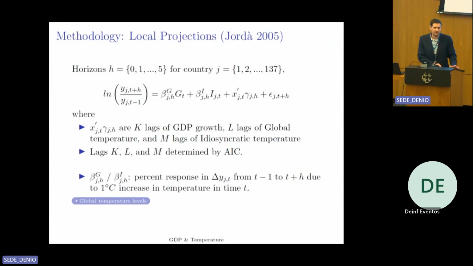What we can show is that the least squares estimators of beta are asymptotically normal, with this trending global temperature and a lag, if G is exogenous. So our argument is that global temperature is exogenous to changes in GDP for a specific country over 6 horizons.